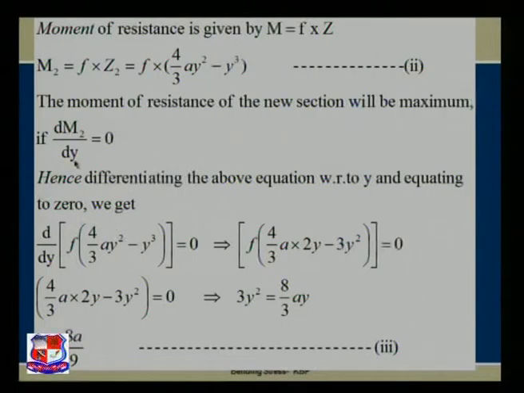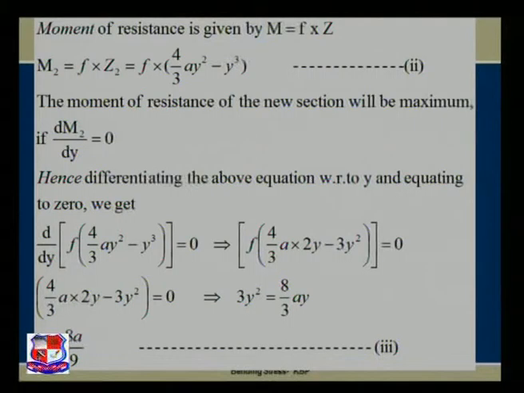So moment of resistance is given by M is equal to f into z, that is z2, and we get f into 4 by 3 ay square minus y cube. This is number 2. Now the moment of resistance of the new section will be maximum when the derivative of the moment with respect to y is equal to 0, that is dM2 by dy is equal to 0, to find out the value of y.